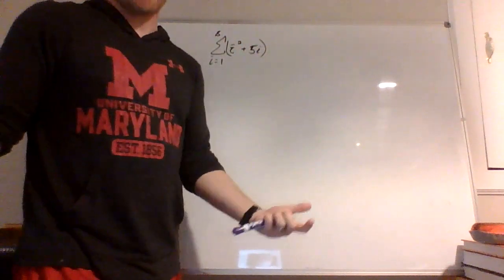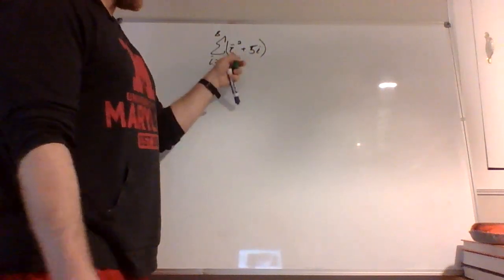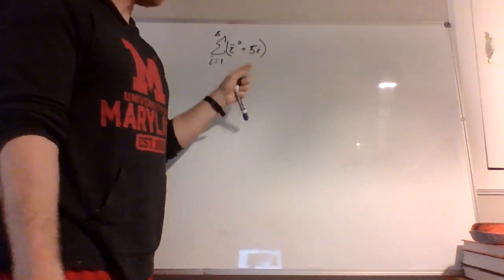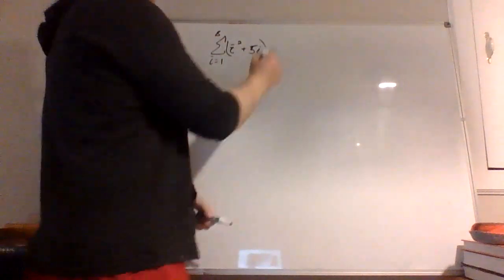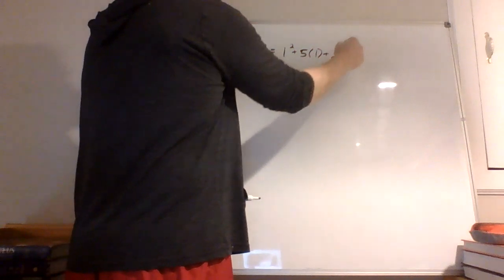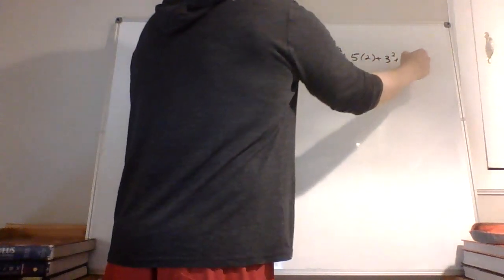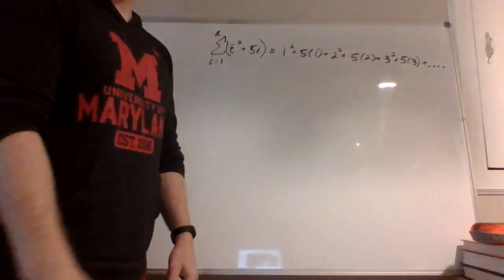This time I use the letter i instead of the letter n. No big deal, just a different letter. But a lot of people, in books and things like that, use i for index. But this basically means 1 squared plus 5 times 1, plus 2 squared plus 5 times 2, plus 3 squared plus 5 times 3, etc., etc., etc., until you get to 8.